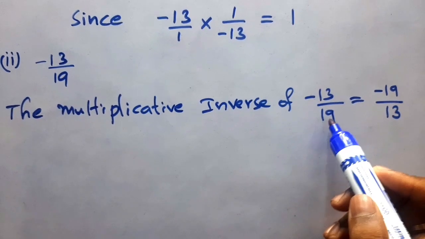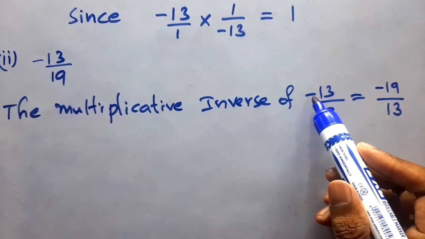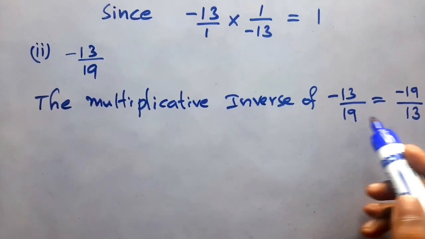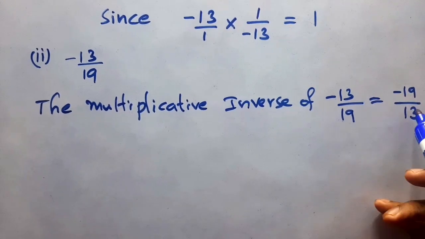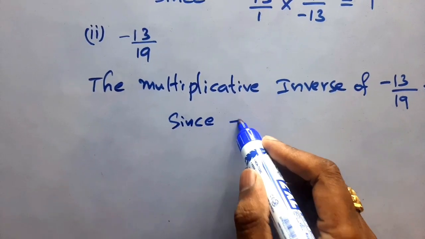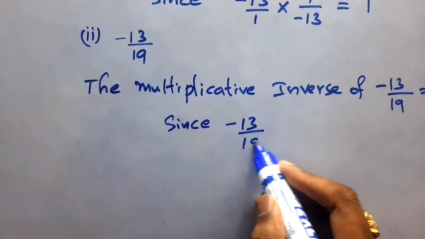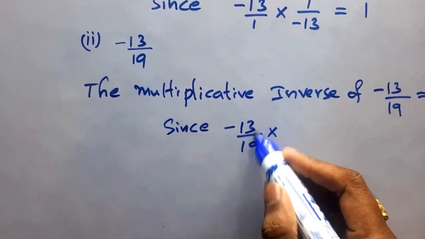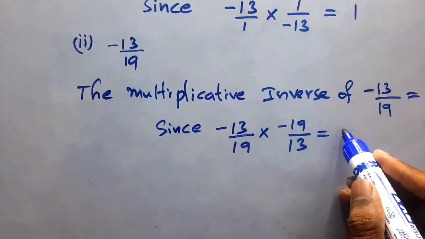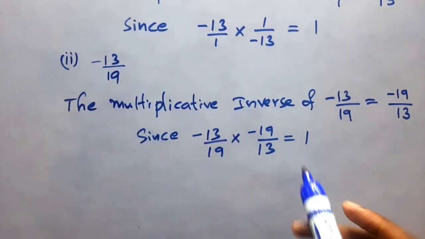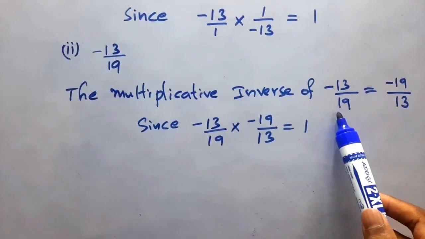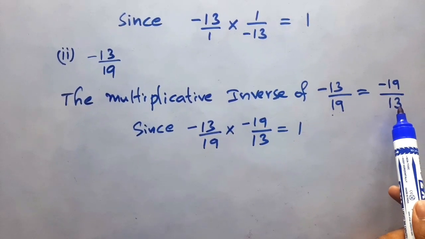Reverse of this we can get 19 by 13. So this is the multiplicative inverse of minus 13 by 19. What is the reason? Since if you multiply minus 13 by 19 and reciprocal of this number, we will get value 1 only. So that's why we can write reciprocal of this number is minus 19 by 13, vice versa.